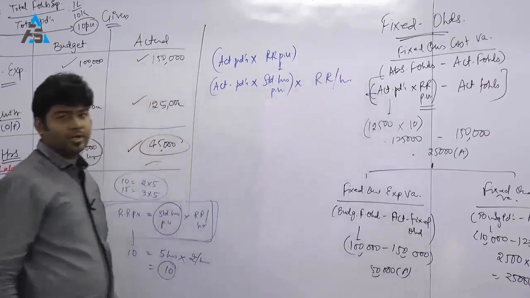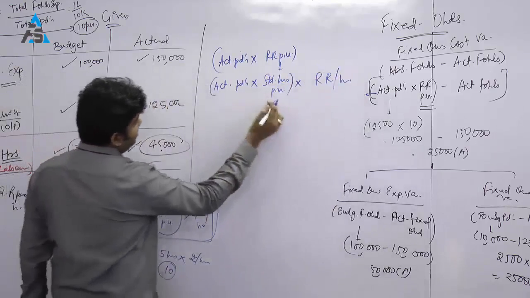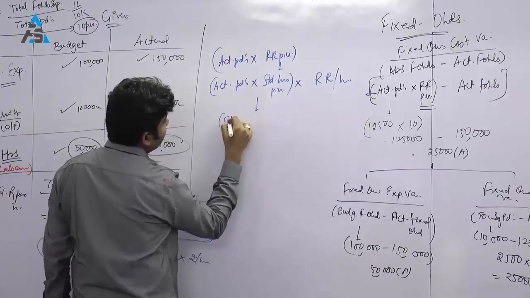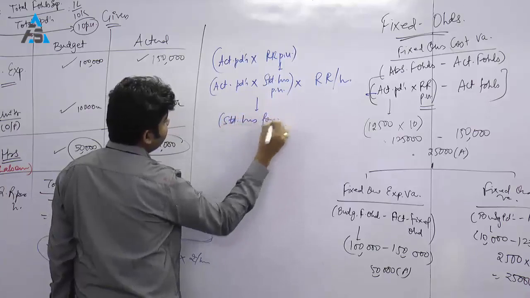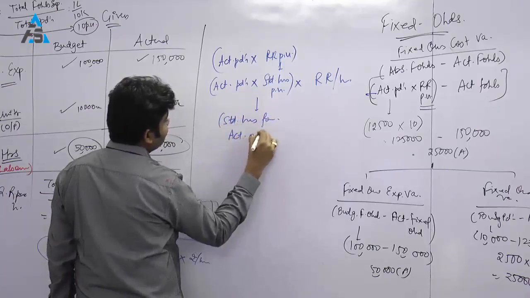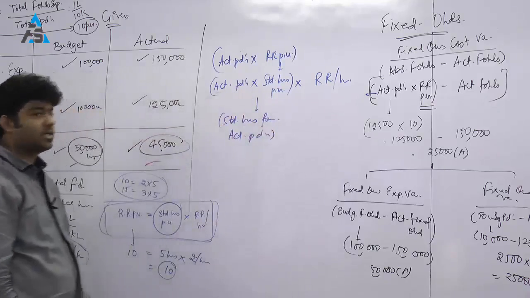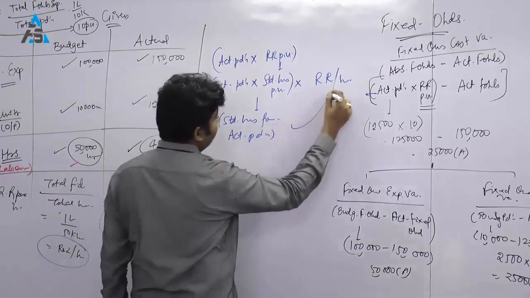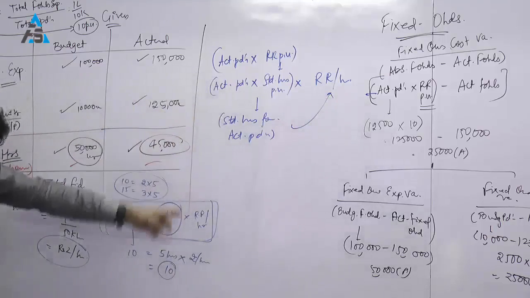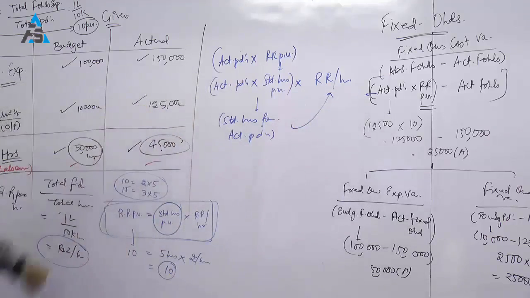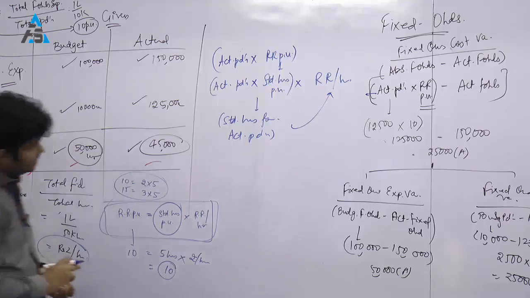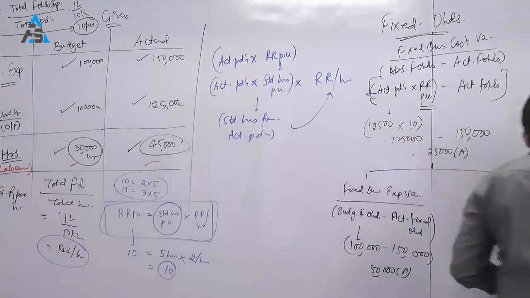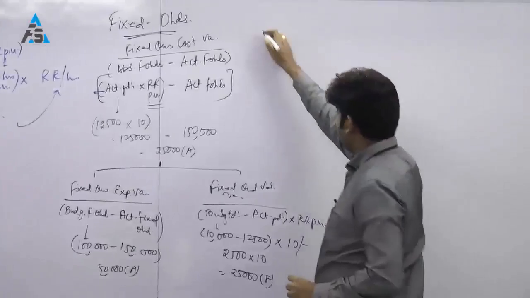Just mathematics is what I am doing, nothing else. Now actual production into standard hours per unit, can I say is nothing but standard hours for actual production. So I can write actual production into standard hours per unit as standard hours for actual production into recovery rate per hour, and just try and understand. This is how you will present it if the question has been asked in terms of hours. Clear?